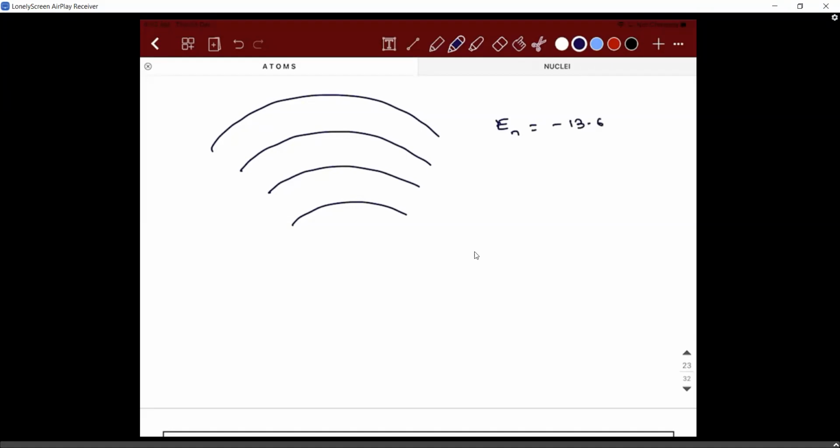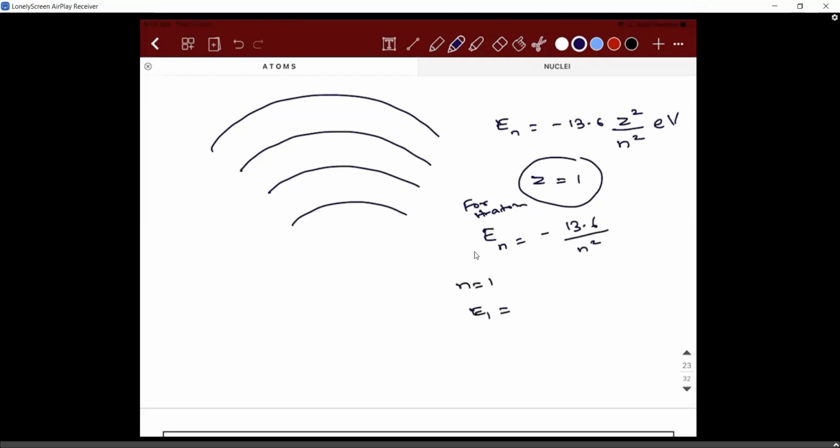Minus 13.6 Z square divided by n square, in electron volts. For a hydrogen atom, Z is equal to 1 for sure, since the atomic number is 1, but n need not be 1. So En is equal to minus 13.6 divided by n square. When n is 1, the energy of the electron in the first orbit is minus 13.6 electron volts.